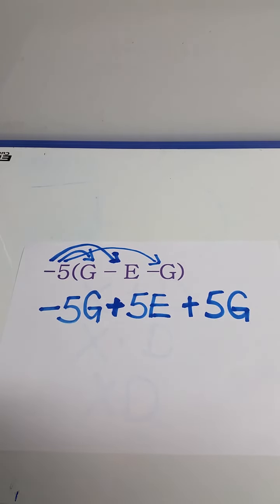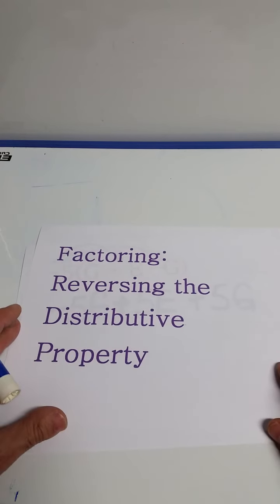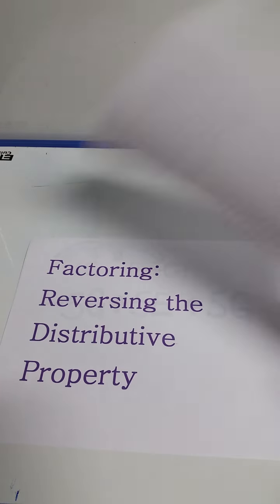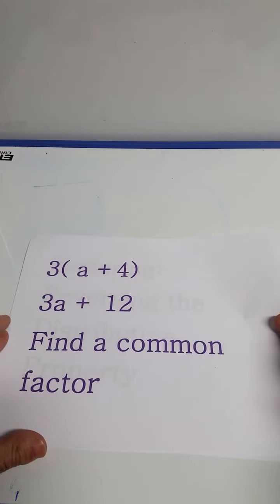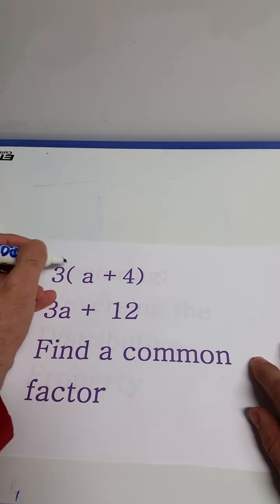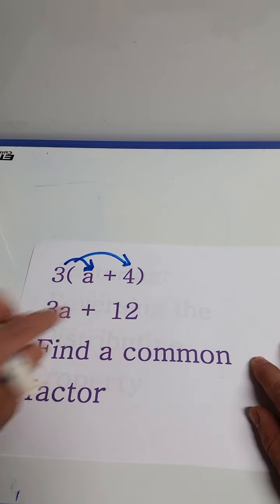So that's the distributive property. Now factoring, our other topic, is just the reverse of the distributive property. We're going to undo what we did. So let's look at an example. When we did 3 with a plus 4, when we distributed the 3, we got 3a plus 12.